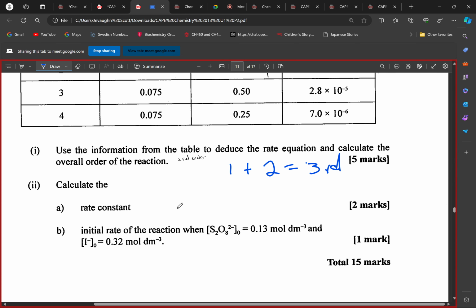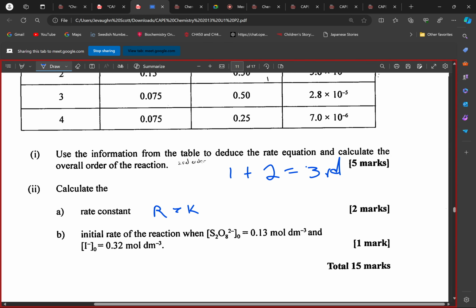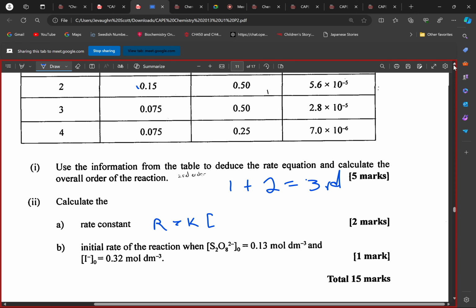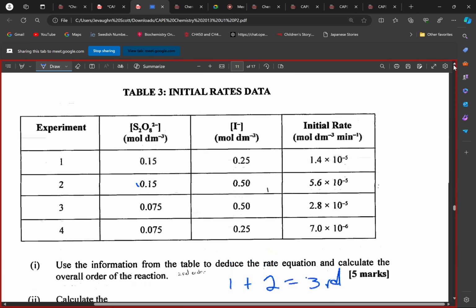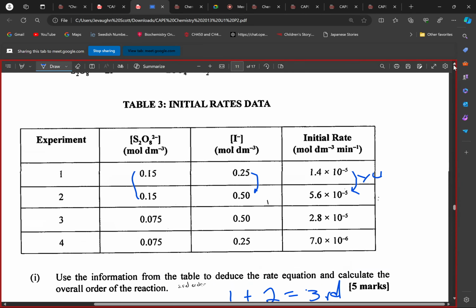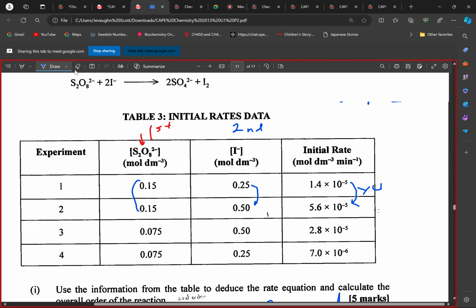So if the equation is rate equals k times the concentrations, if we have that rate equation up here, let's go up here and look back at the rate equation. So how do we get the rate constant k?